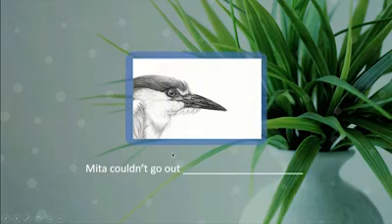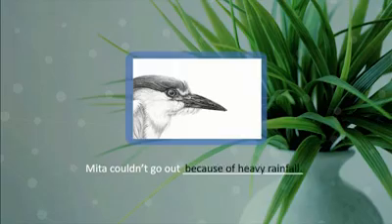At first, how can we complete it? When we add some phrase or clause at the end of these sentences, we can complete it. That is, Mita could not go out because of heavy rainfall.